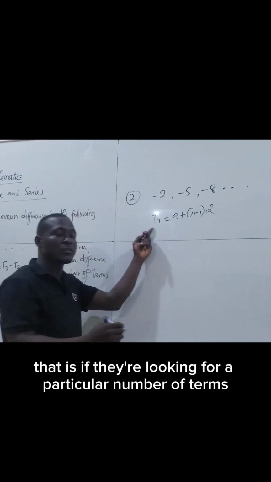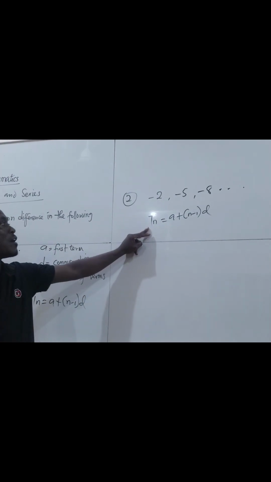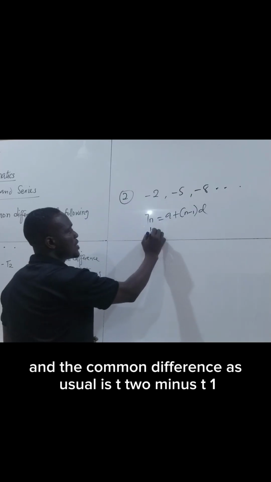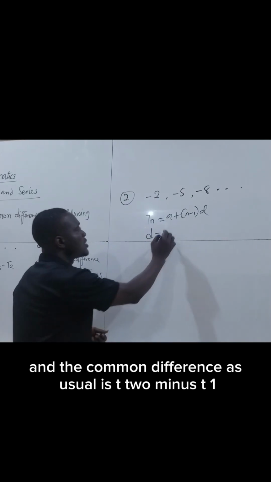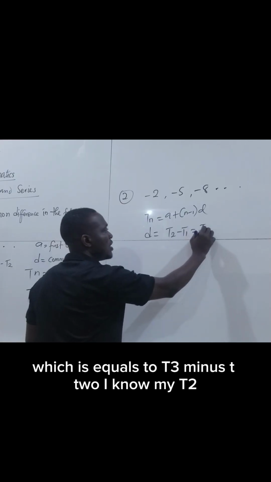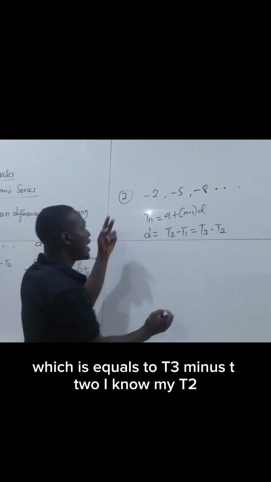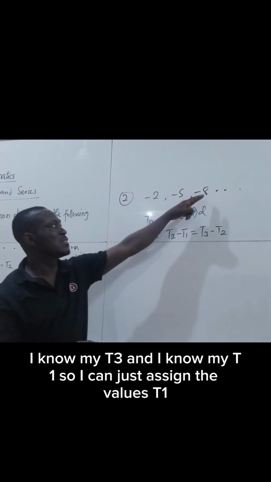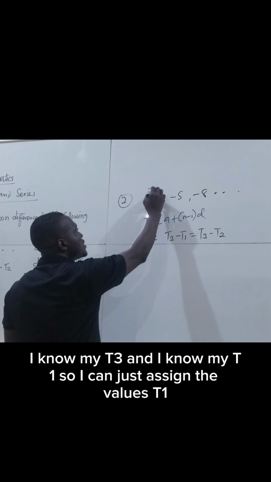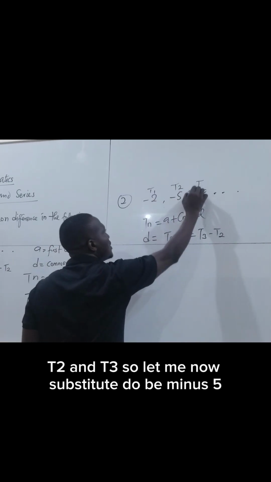That is, they are looking for a particular number of terms. But in this case, they are just looking for the common difference. And the common difference, as usual, is T2 minus T1, which is still equals to T3 minus T2. I know my T2, I know my T3, and I know my T1, so I can just assign the values T1, T2, and T3.